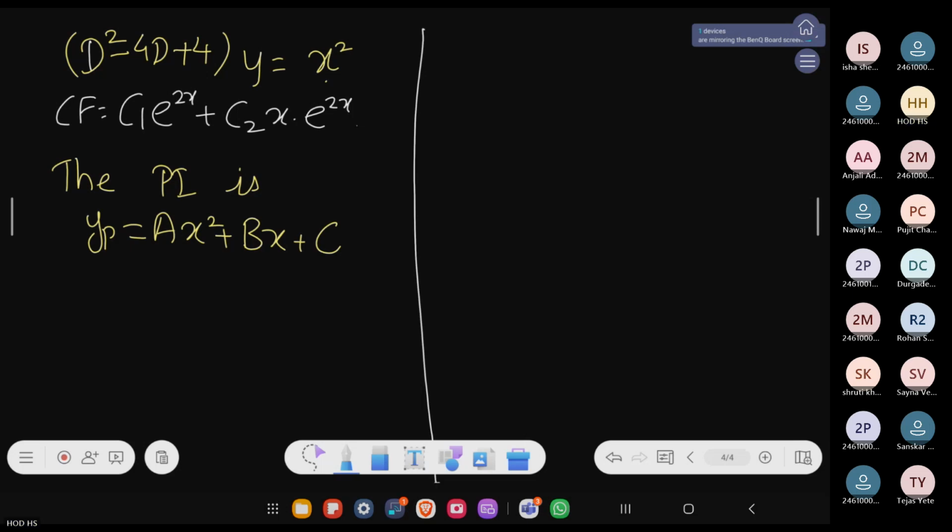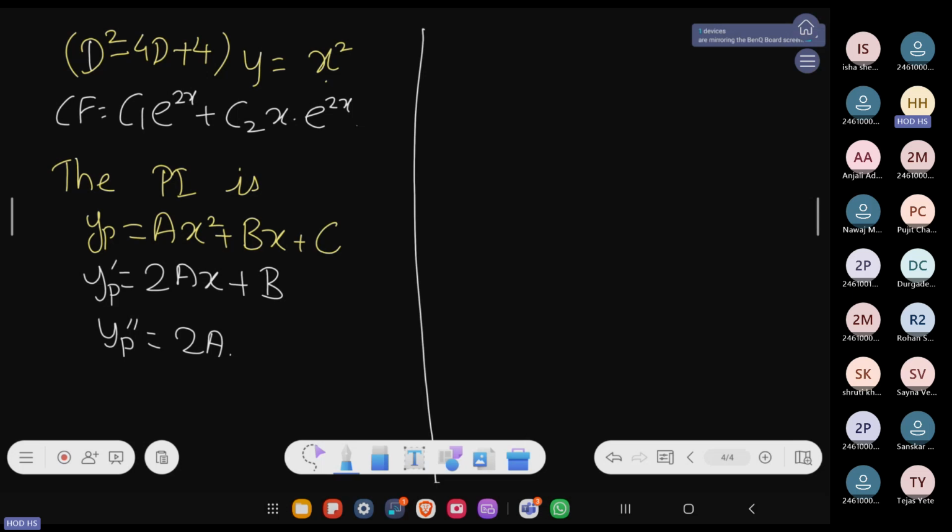Now, can I calculate yp dash? I can calculate it as 2ax plus b, and yp double dash as 2a. So I'll substitute these values in my given equation.